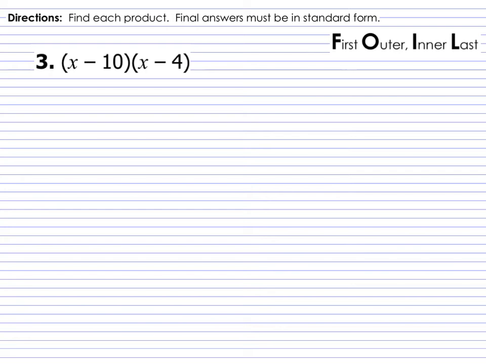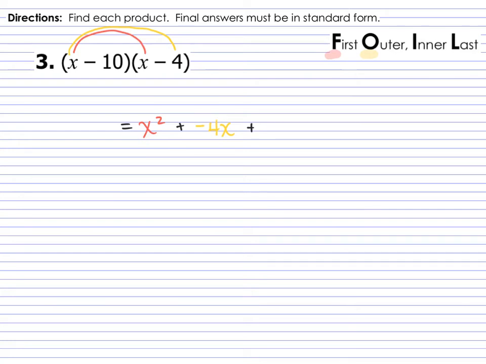All right, and on to number 3. So we're going to start with our first terms. First terms, x times x to give us x squared. Plus O for outer. Outer is going to be the x times negative 4. So x times negative 4 is going to give us negative 4x plus.